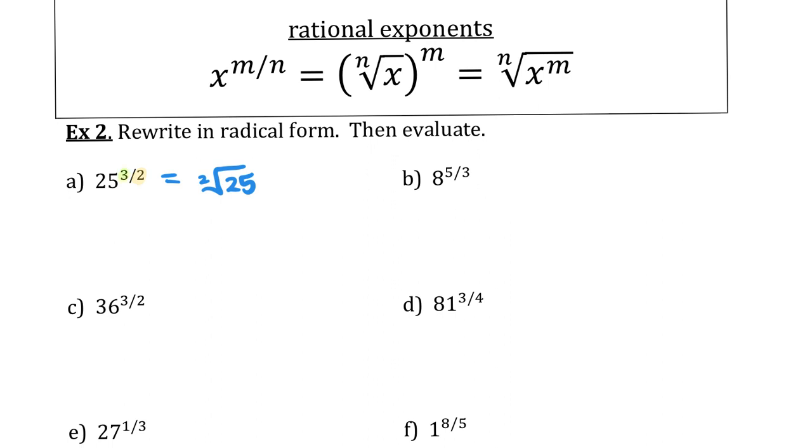That's a normal exponent because it's at the top. So since it's a normal exponent, I'm going to take my answer and raise it to the third power. 25 to the 3/2 is the square root of 25 raised to the third power. What's the square root of 25? 5. And I raise it to the third power. 5 times 5 is 25. 25 times 5 is 125.